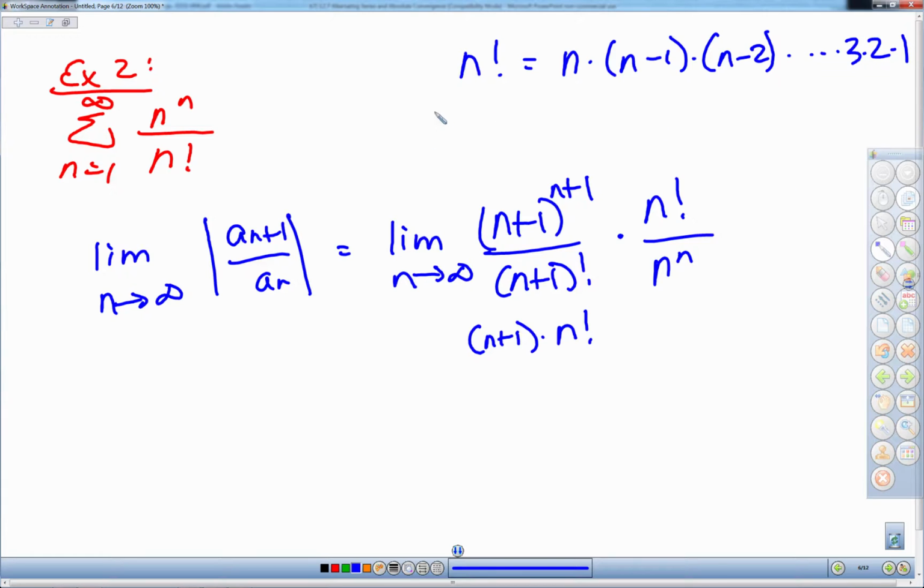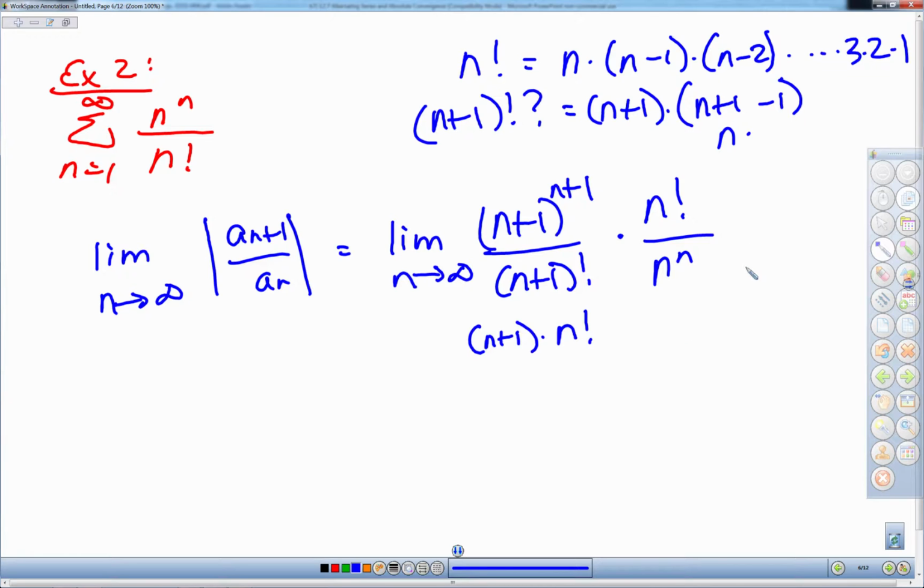Well, what would n plus 1 factorial be? Well, I claim that it's going to be n plus 1 times n plus 1 minus 1, but what's that? Yeah, that's just n. And so essentially what we have is the remainder of that whole expression, and so n plus 1 factorial is simply going to be n plus 1 times n factorial.